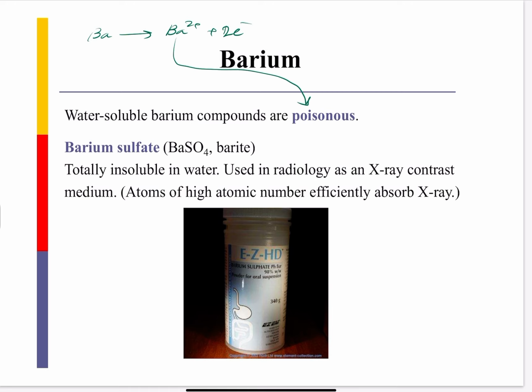But barium sulfate, which is barite, is insoluble in water, and we use it in radiology for X-rays of the GI tract, because of its high atomic mass number and efficiency to absorb X-rays. How can we produce this? We usually produce it with barium chloride and, for example, sodium sulfate. It produces NaCl plus BaSO4, which is a precipitate, so we can remove it very easily.